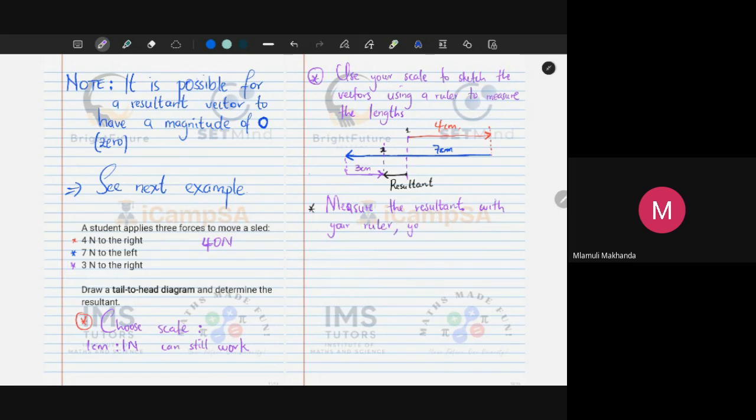You will find it to be zero. 0 newtons. So the reason I drew this arrow, right, because if it's 0 newtons, it means you can't measure it.